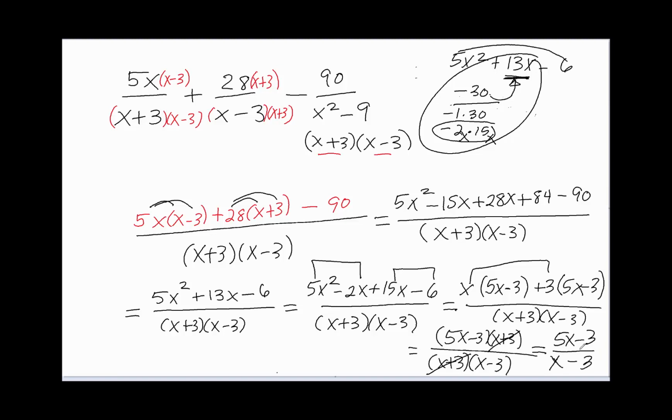Now be careful, you can't reduce this because in order to reduce, the factors have to be just alike, and this one has a 5x and this is just an x, so that's the final answer. When you add that, you get 5x minus 3 over x minus 3.